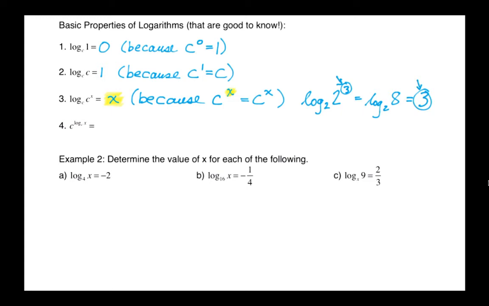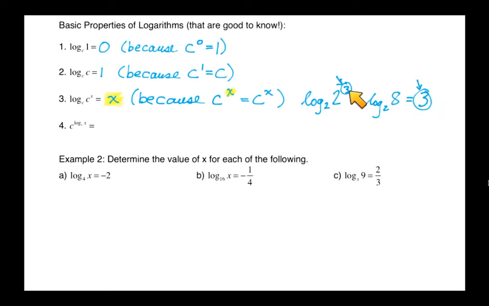So again, what we're saying is that if you start with any number and you do c to that number, just like here, we started with the 3 and we did 2 to the 3, we get a certain result. And if you take that result and then you do log of the same base, so I do log base 2 of 8, I get the 3 back.